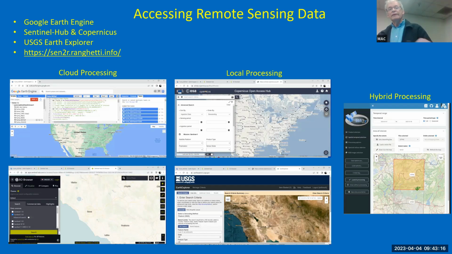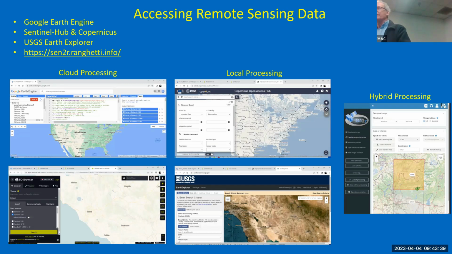One is the Copernicus Open Access site, which is out of the European Space Agency, and the lower right is the USGS Earth Explorer. Both tools allow you to access the actual surface reflectance data. Lastly, this was brought to me by my colleague, Ella Wisniewski.